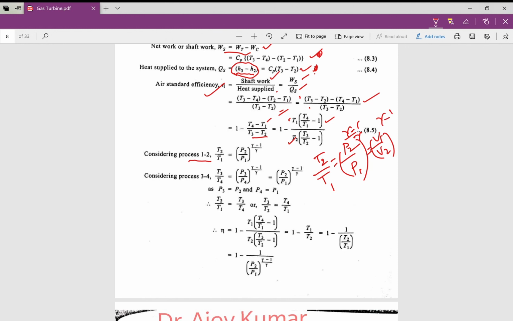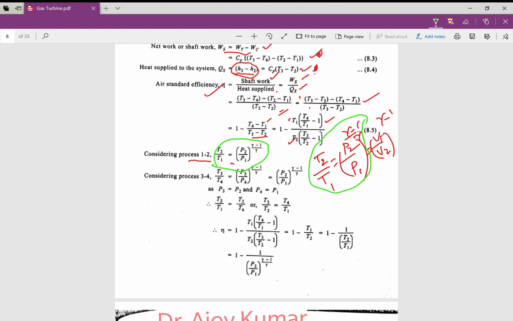So for process 1, 2 it is written like this: T2 upon T1 equals (P2 upon P1) raised to the power (gamma minus 1) upon gamma.